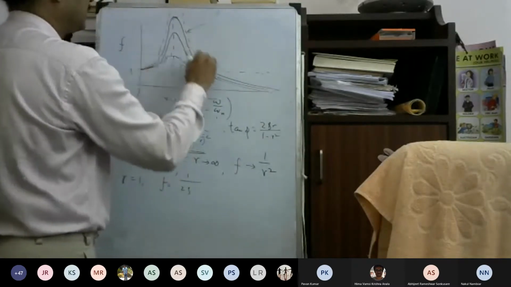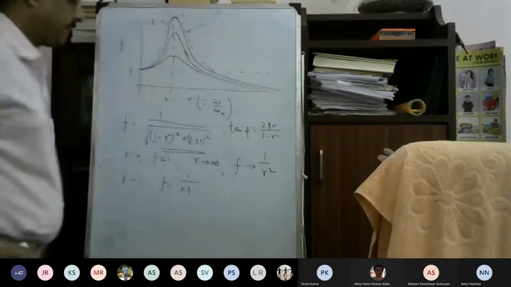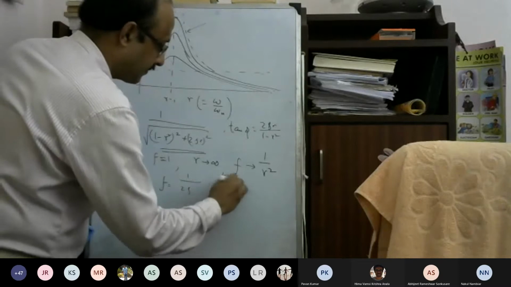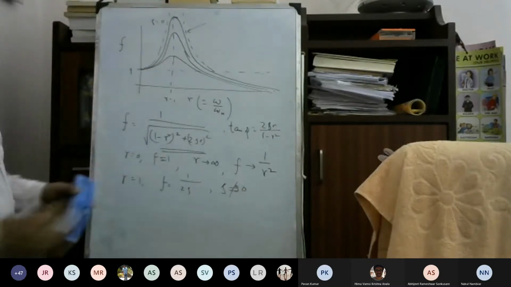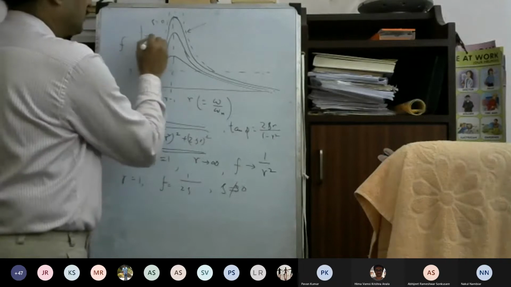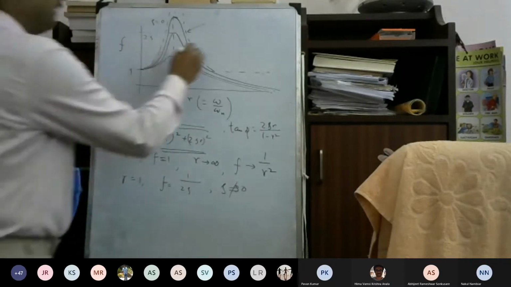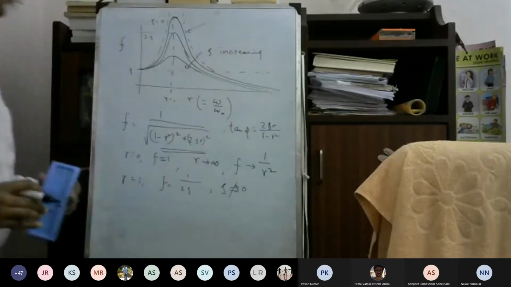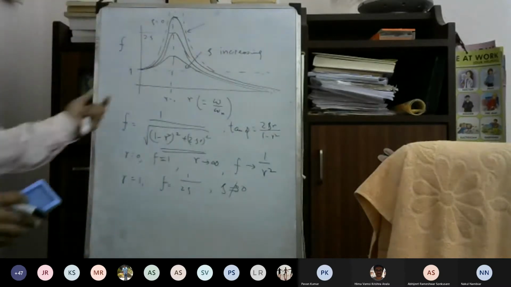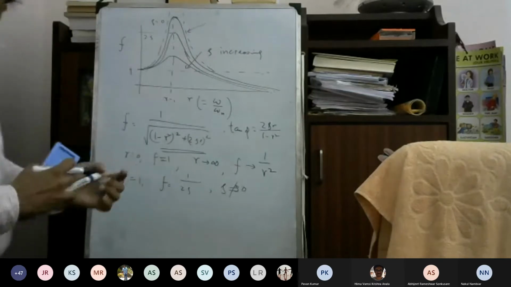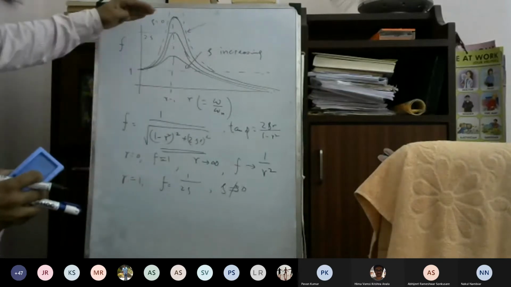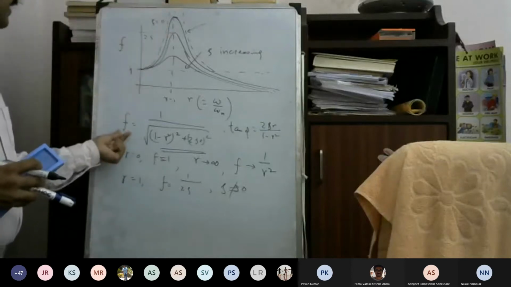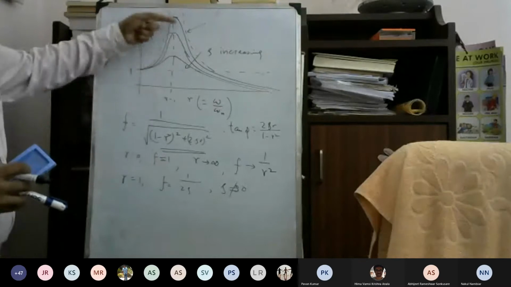If zeta is equal to 0, then what will happen? If zeta is not equal to 0, then it is 1 by 2 zeta. So 2 zeta is the part, and if zeta is increasing, two things will be there from this graph. One is that when zeta increases, the peak of this magnification factor decreases.